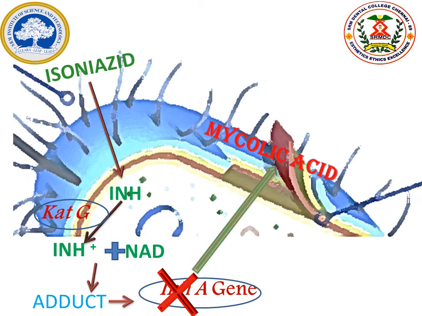Once INHA is inhibited, there is no synthesis of mycolic acid, and it causes disruption of cell wall synthesis. In addition to INHA, the KATG gene is also inhibited to a certain extent by this adduct.